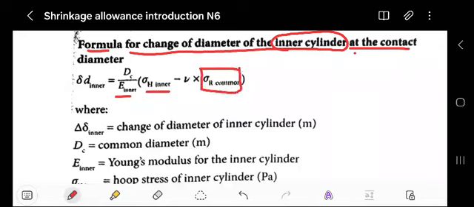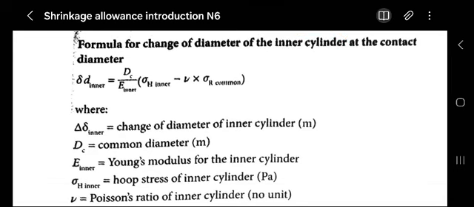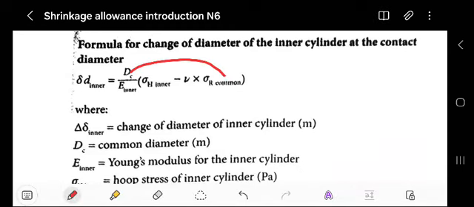At the common. We'll see this during calculation, these formulas, guys. As you can see, in the common, inner, the radial is common, inner. We shall see.